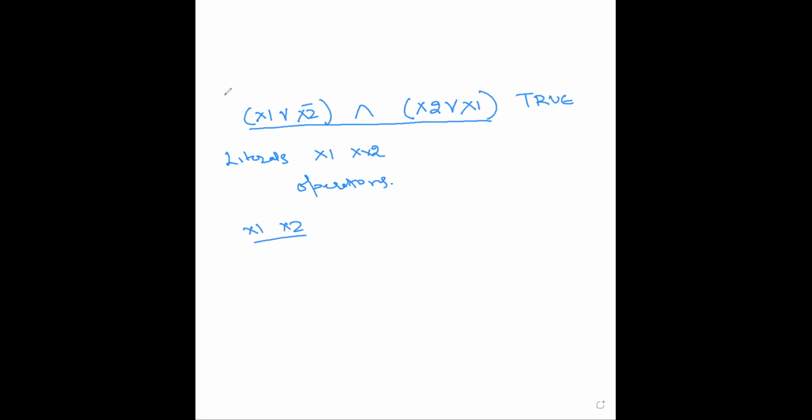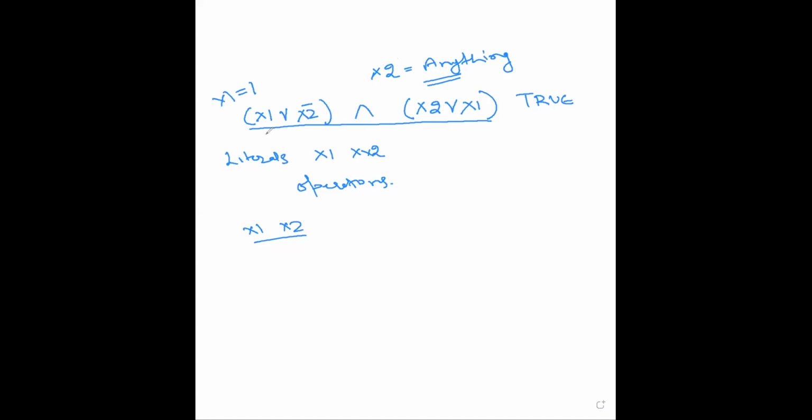Now, if the value of x1 is 1, then what should be the value of x2? x2 can be anything. If x1 is equal to 1, x2 can be anything. Will this return true? Let us check.